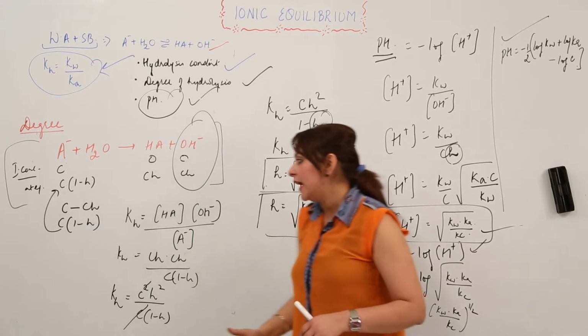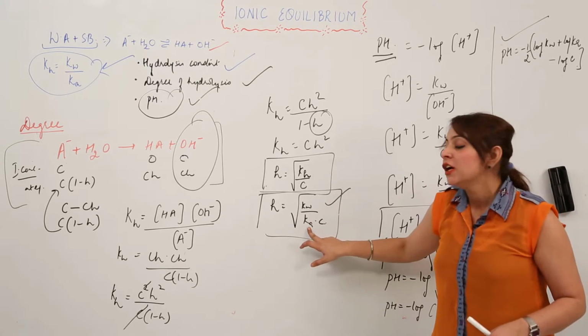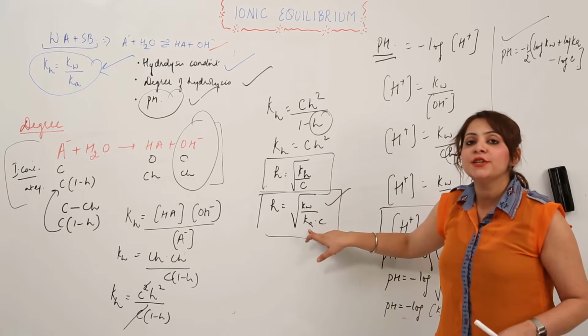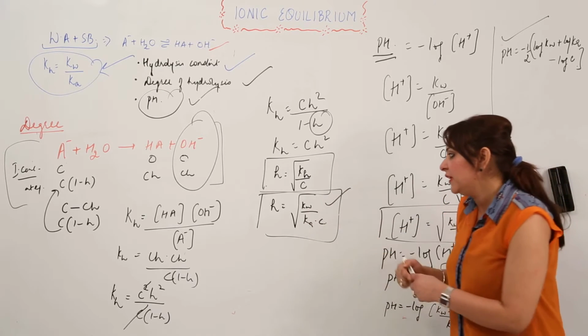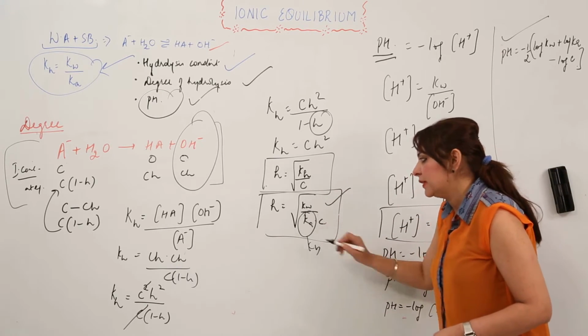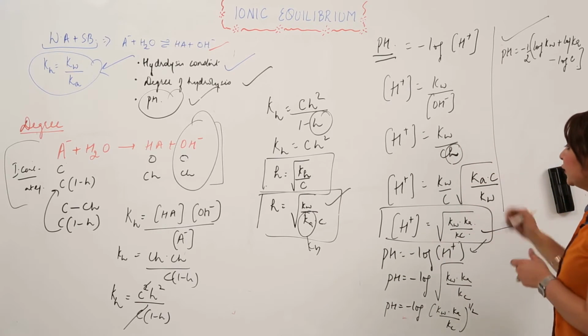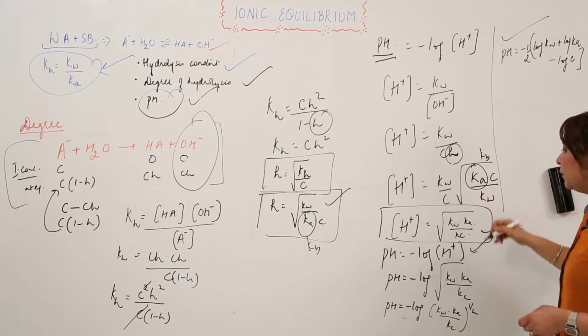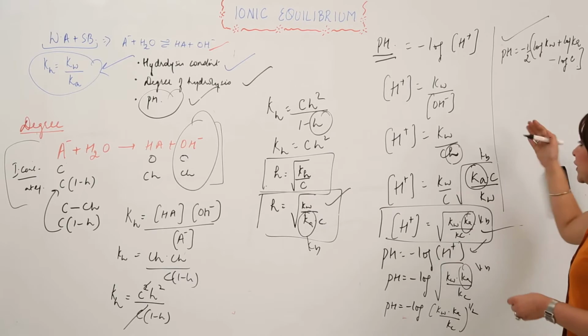The only difference lies in that here, instead of Ka, we'll get the Kb, right? That means the ionization constant for a weak base. So this will become the Kb in this case, right? And similarly, when we look for the concentration here, again Ka will become Kb. So you just have to replace Ka with Kb, and you will be left with the same expression.